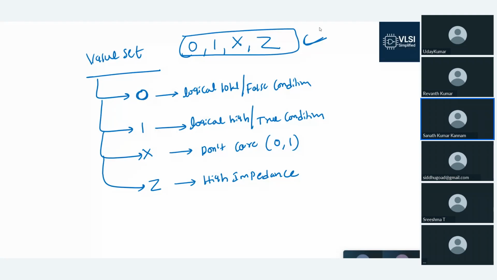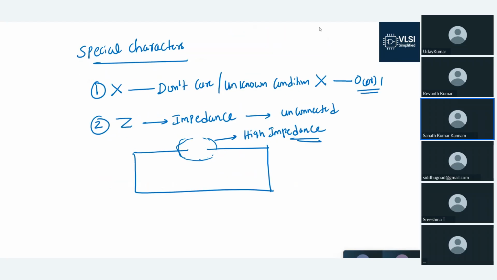If you are not defining the size, by default the compiler will take it as 32 bits, whatever the number system. Next we have seen the special characters X and Z. X is don't care and Z is high impedance.